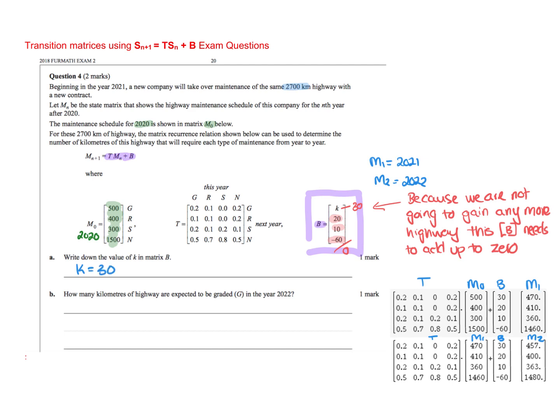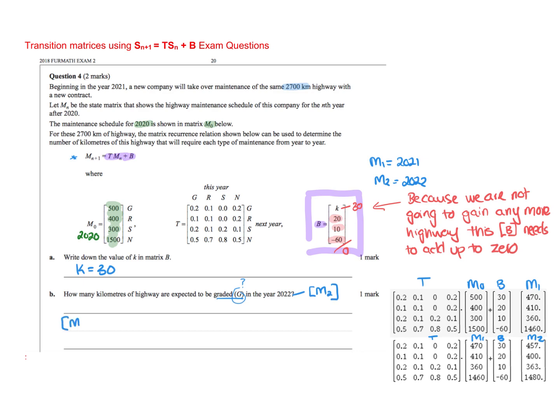Now, how many kilometres of highway are expected to be graded? That really means they just want G in the year 2022. So we've got 2020, that's M0, so really 2022 would be M2. Would you agree? Now, because you've got one of these recurrence relations with an extra bit, you have to do it in stages.